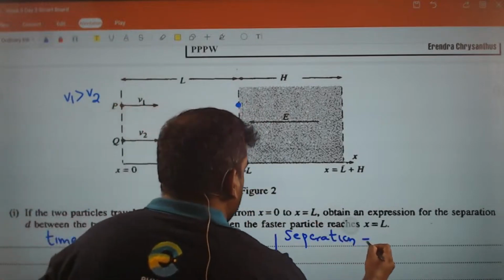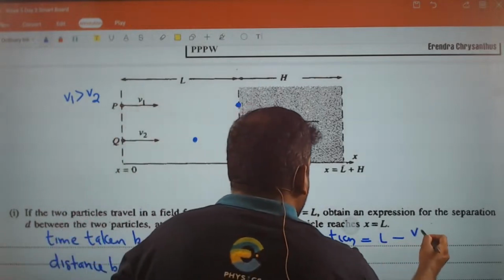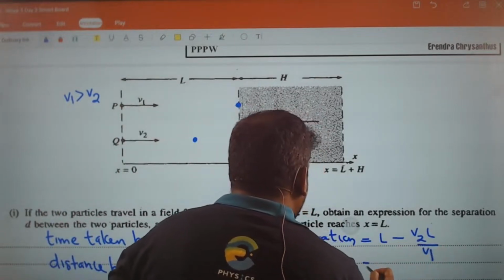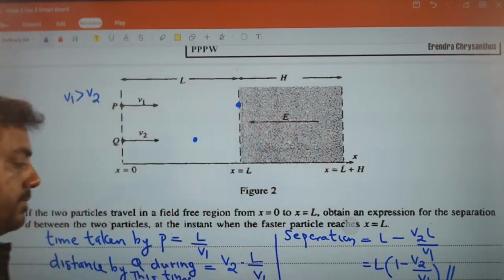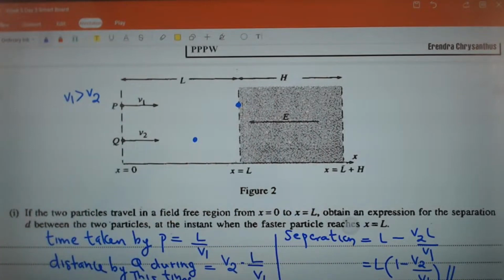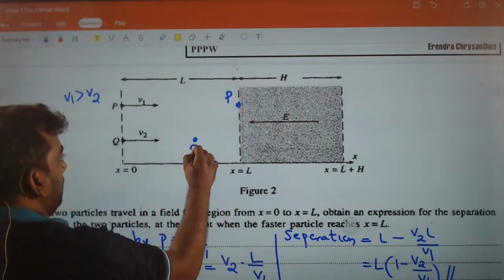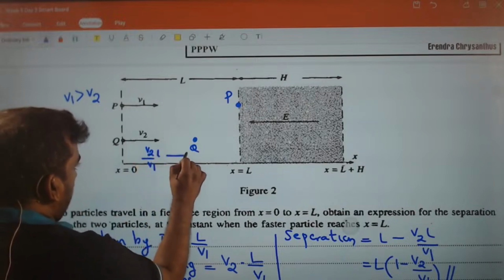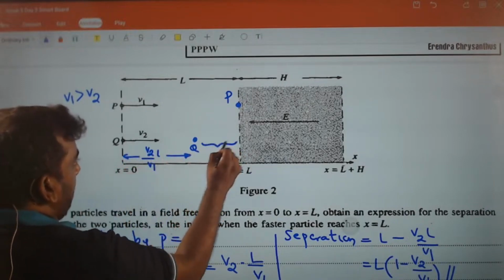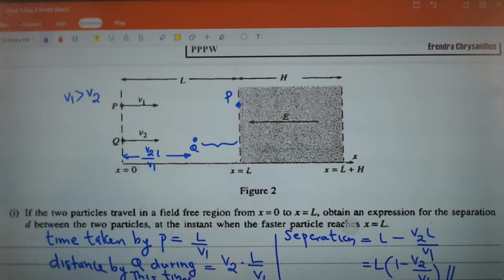Separation is L minus V2L divided by V1, that is L times (V1 minus V2) over V1. Separation can be easily found. So P is here, Q is here, with V2, V1, L. So the separation is that distance: L minus LV2 over V1.